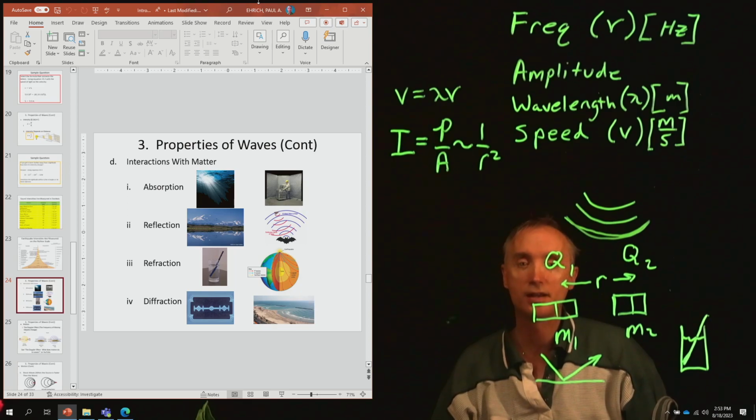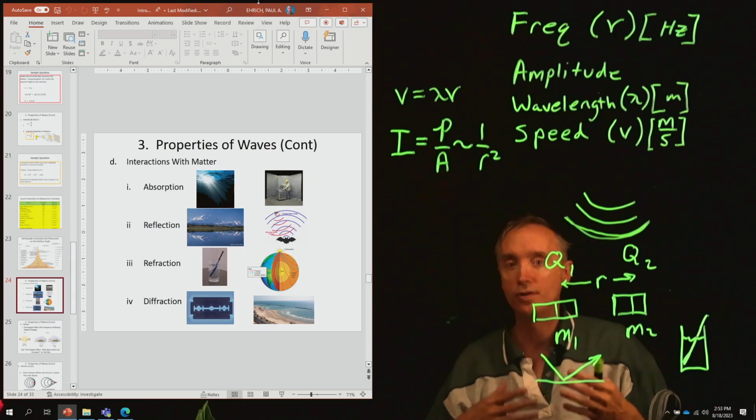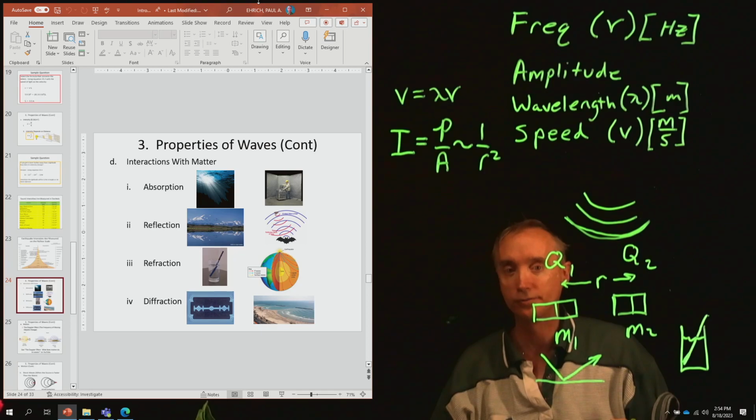That would be an example of diffraction of ocean waves, a mechanical wave. So for purposes of the exam, know the definition of absorption, reflection, refraction, and diffraction. And then in a later lesson, we're going to go into more detail and make it more mathematical.